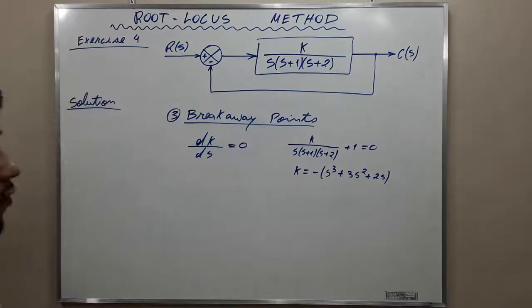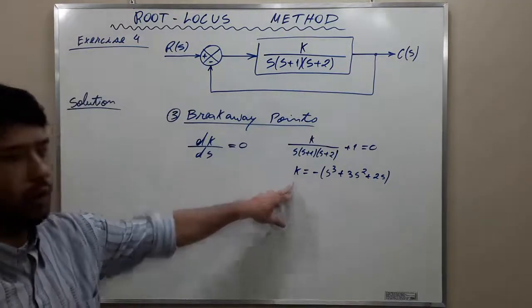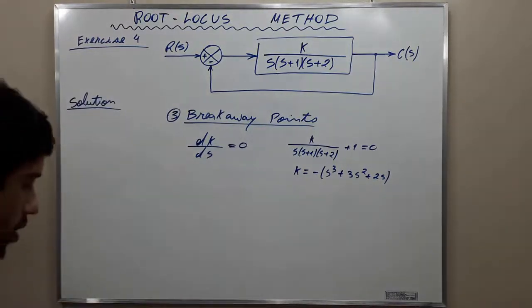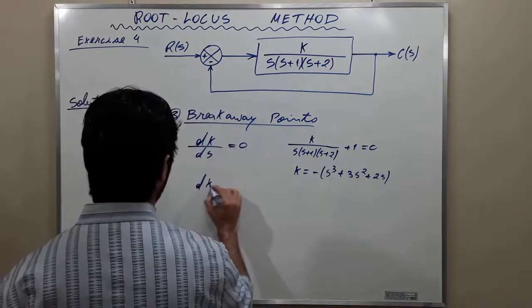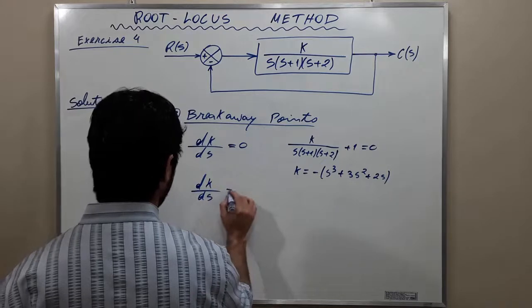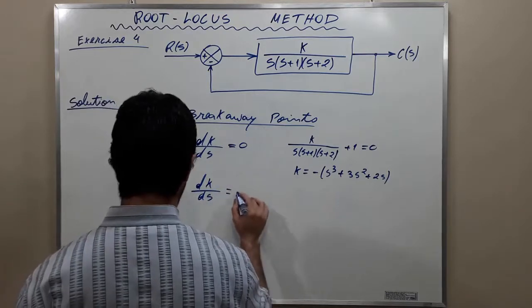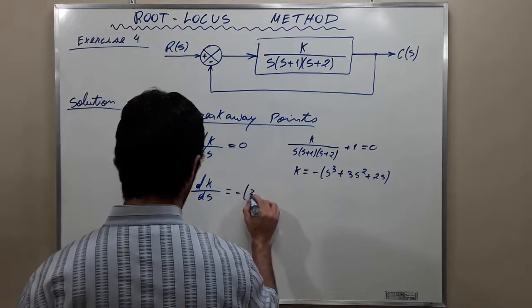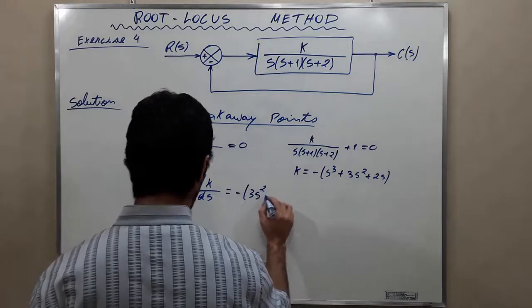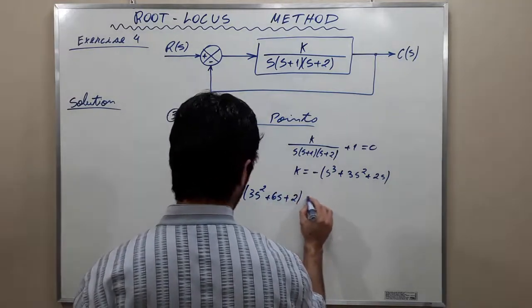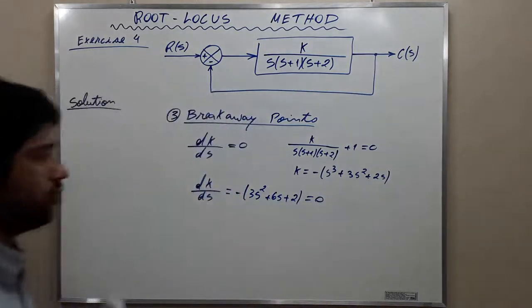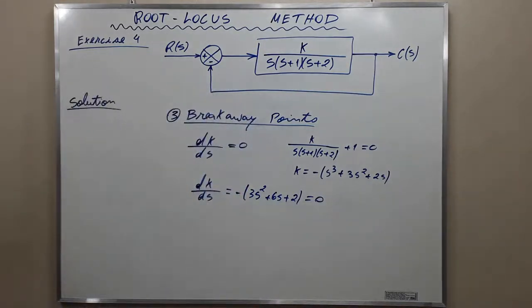And if we differentiate k with respect to s, we get that dk/ds is equal to minus (3s squared plus 6s plus 2), and this has to be equal to 0. All right?